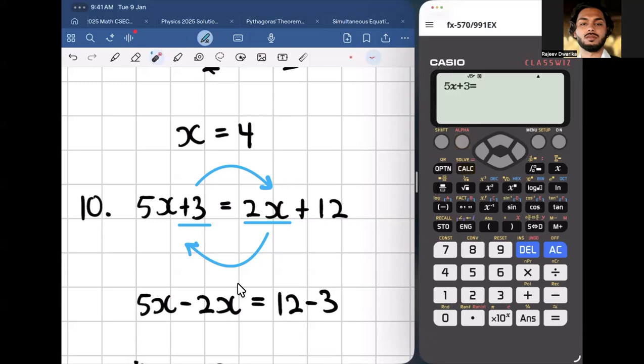Notice alpha is red, and above calc you have a red equal sign. So to get that equal sign, you have to press alpha, then calc. Does everybody have 5x plus 3 equal? Is anybody having a hard time getting the equal on their calculator? Tell me. Serena, are you having any trouble getting the equal sign?